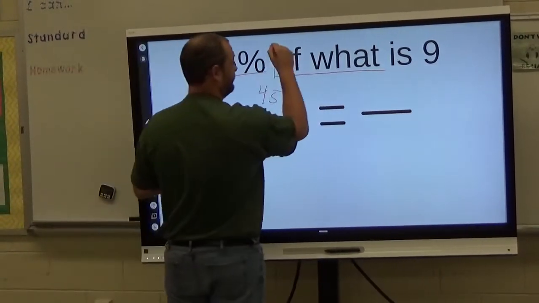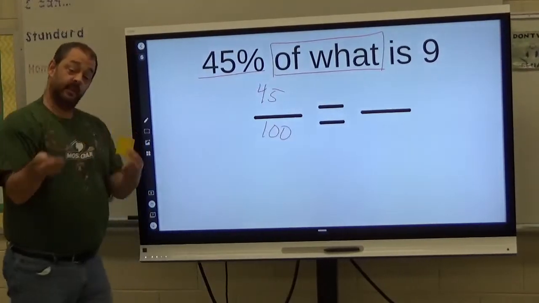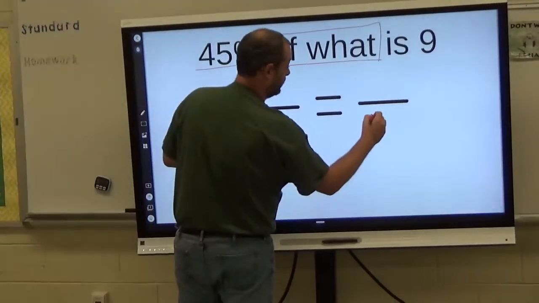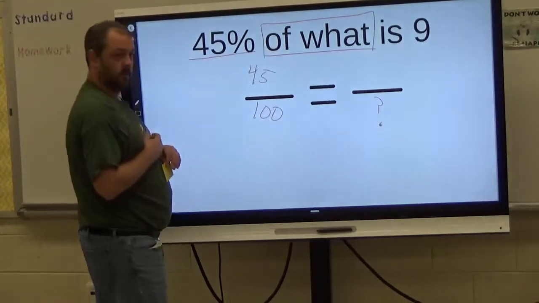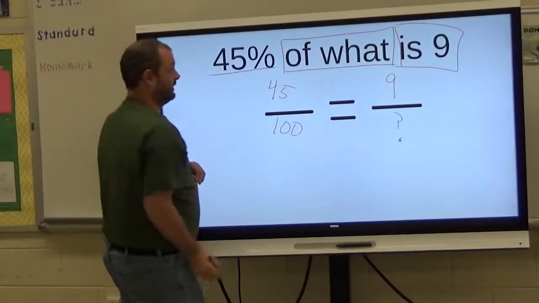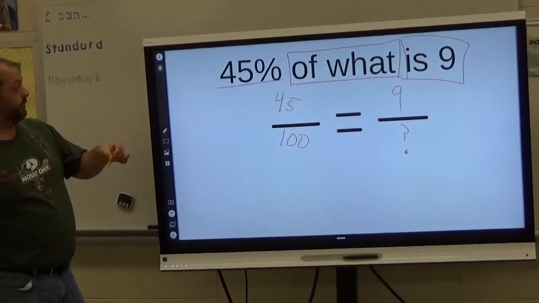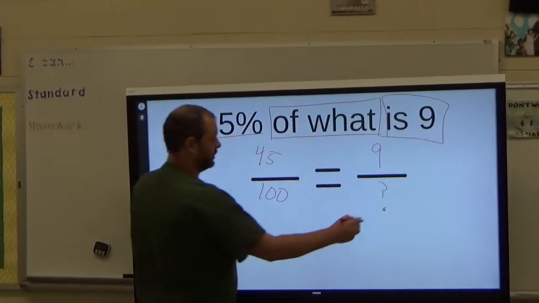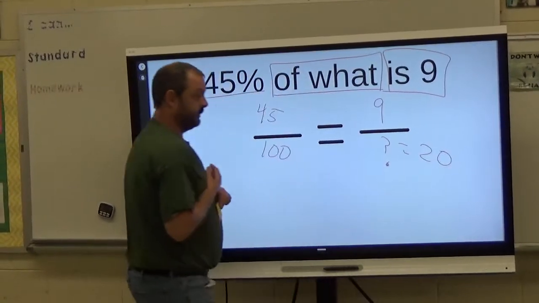Right there, of what? Doesn't give us a number. So we have to put a question mark. Is 9. 9 goes on top. So when we cross multiply and divide, we should get 20.